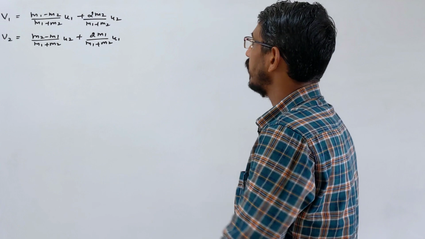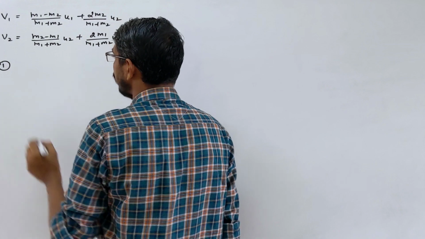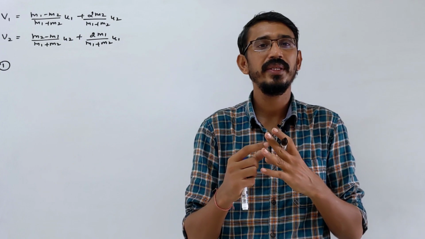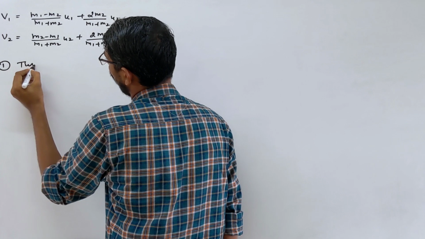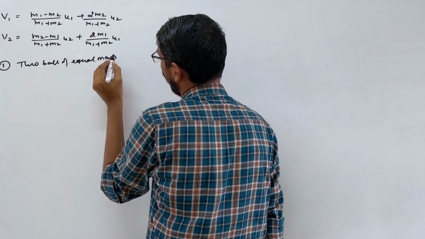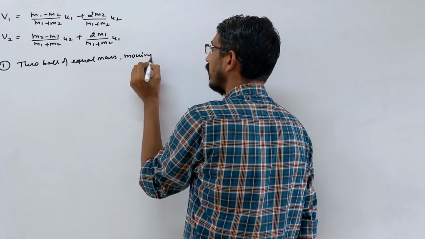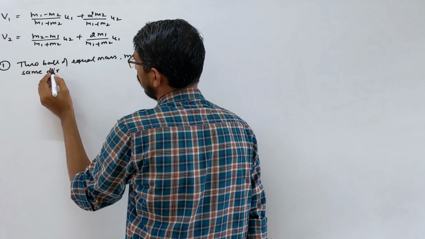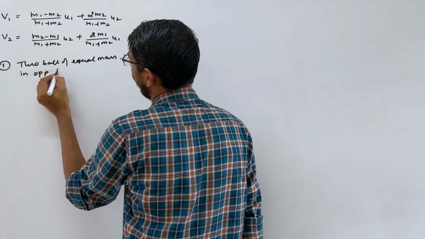Okay, so let's do some important problems based on this. Look here, the first problem. Suppose two balls of equal mass are moving. When they collide, what will happen? Let's first see two balls of equal mass, moving in opposite directions.